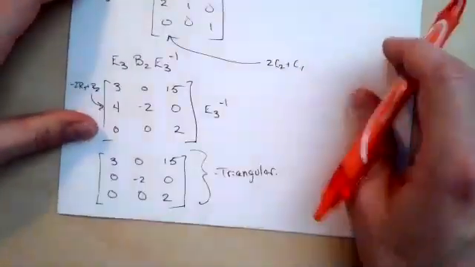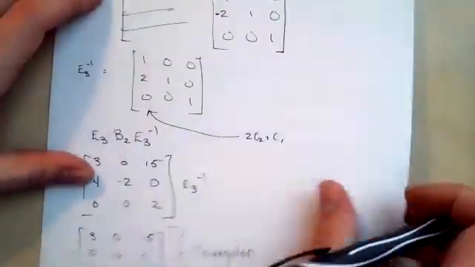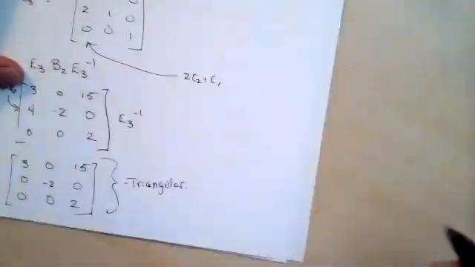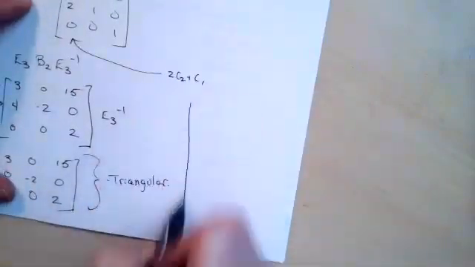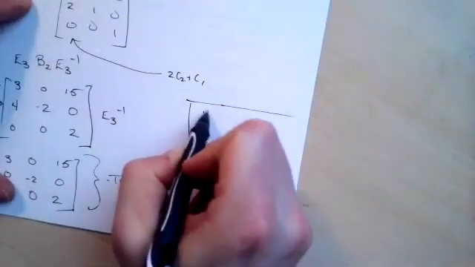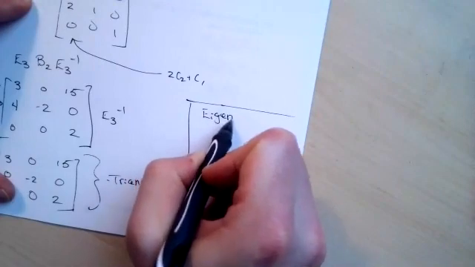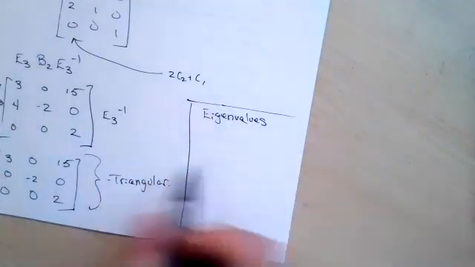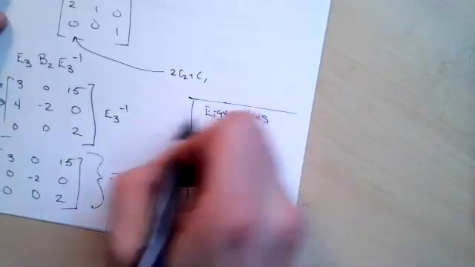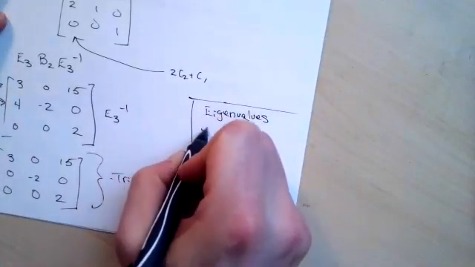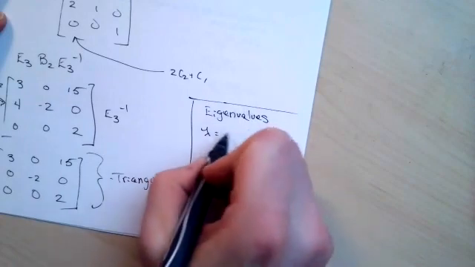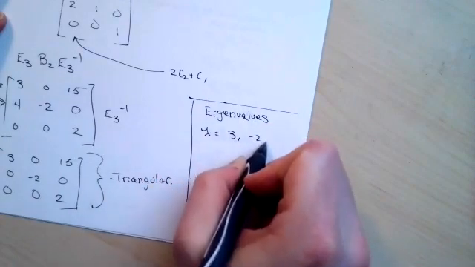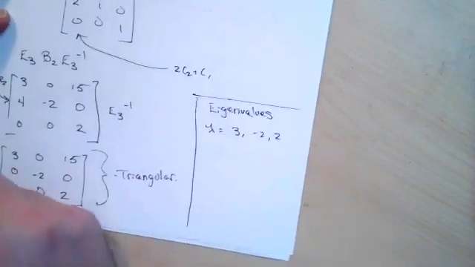And now that we are triangular, we can go ahead and find the eigenvalues. And actually, I'm just going to go ahead and write it out. So now we don't even have to, I mean, you could subtract lambda and take the determinant, but we know our lambda is going to be 3, -2, and 2.